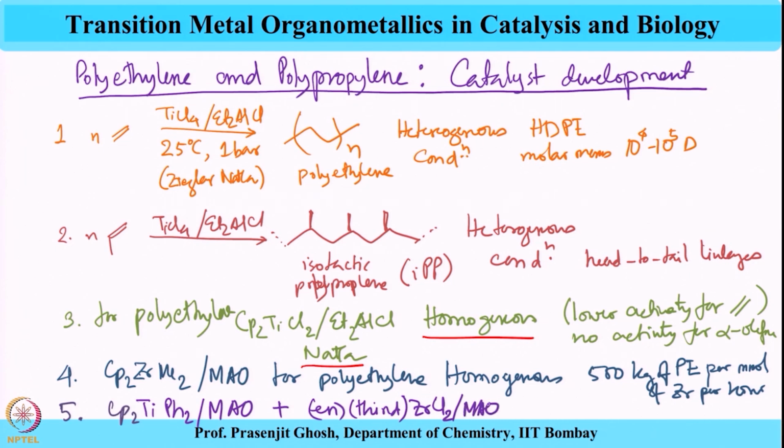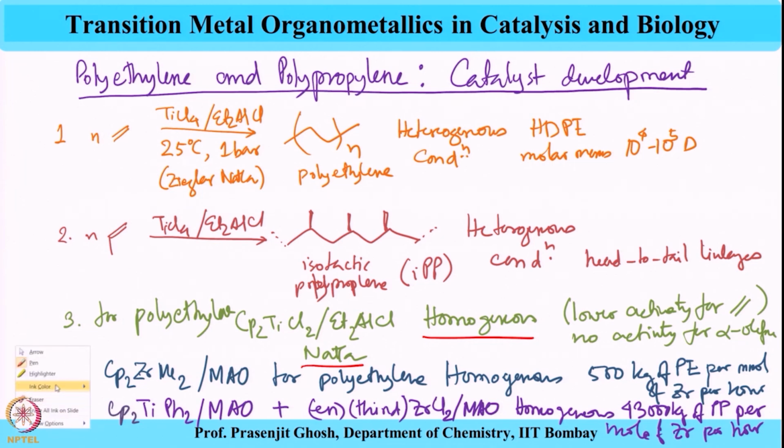This we had discussed, that is again homogeneous and was producing 43,000 kilogram of polypropylene per mole of zirconium per hour.